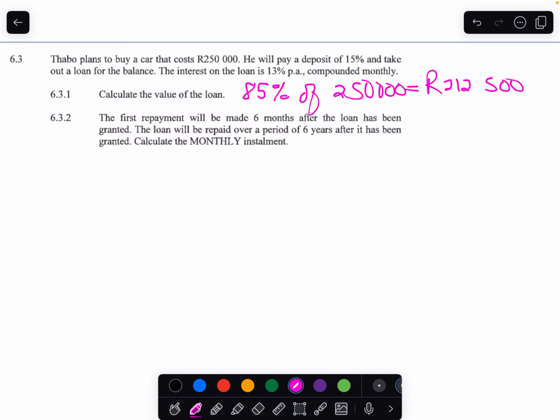Okay, so this is interesting because the loan is going to start growing from the moment it's granted, right? So the principal amount is that, and it is going to grow at a rate of 13% per annum, compounded monthly.